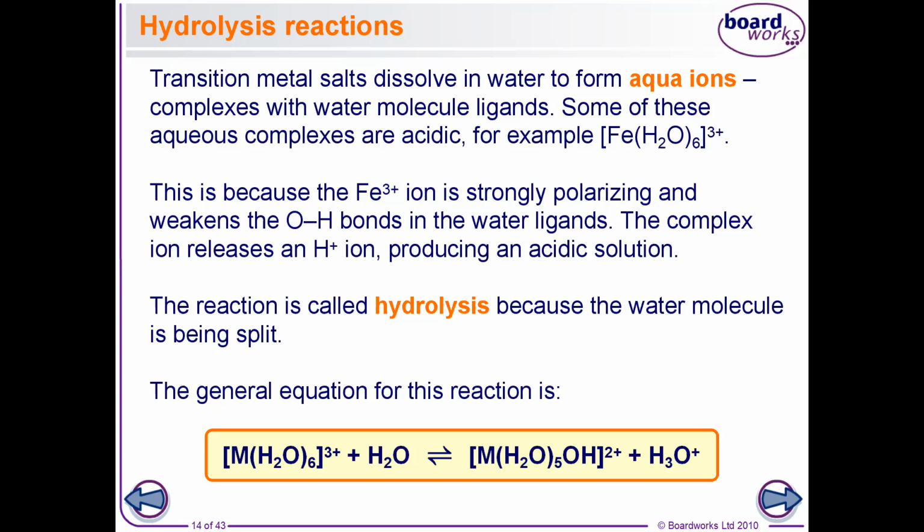If the concentration of the hydrogen ion is high in the solution, it creates an acidic solution. And this is our general equation for the hydrolysis of the water in the aqua ion complexes.